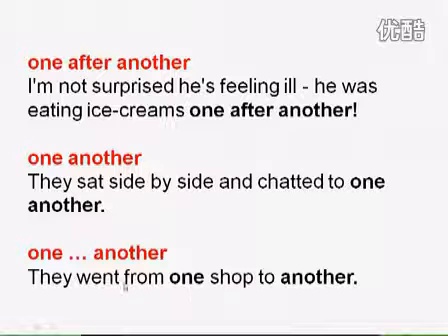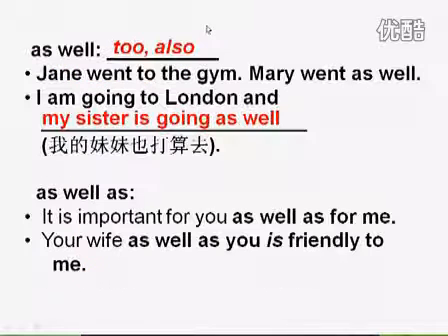好，下面你再看一下 as well 书中提到了，应该是 to 或者是 also 有也的意思。看一下句子。Jane went to the gymnasium. Mary went as well.